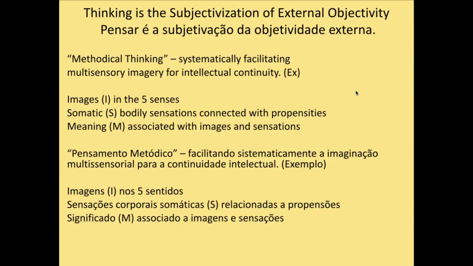Then we turn it into a somatic experience of bodily sensation connected with our propensities. And the final subjectivization is turning it into meaning, into words and thoughts associated with these images and sensations. So this is the subjectivization of external objectivity. Next slide.